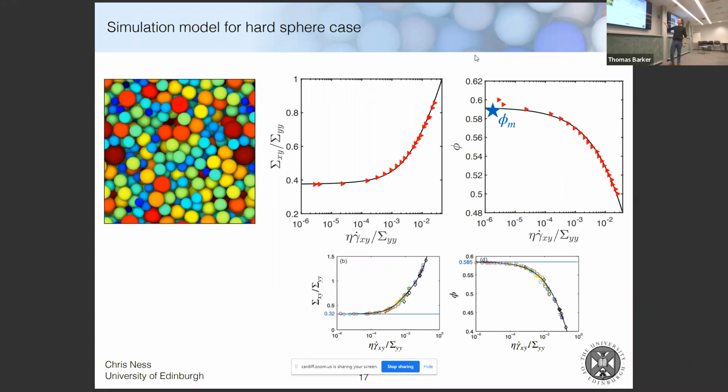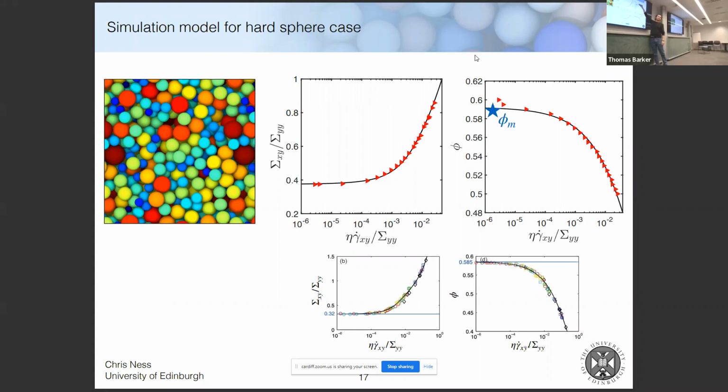So qualitatively, you can see it's very similar to the experimental result on the bottom. The black lines in both of these are given by the same set of equations. I just had to change the limiting values as this number goes to 0 to make it match the simulation. So it's not a quantitative match, but it gets the general behavior very well. So there's a really crucial quantity here which describes the rheology, and that's this thing called phi m.